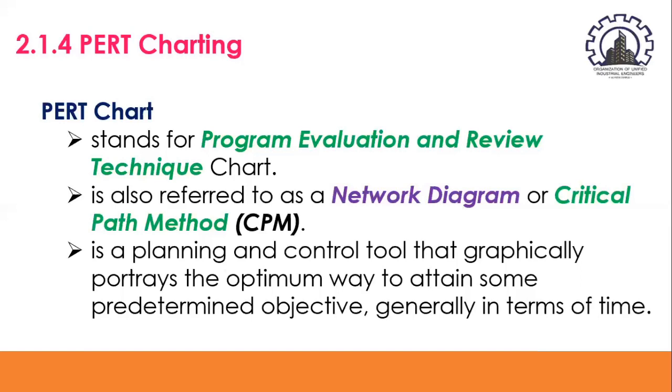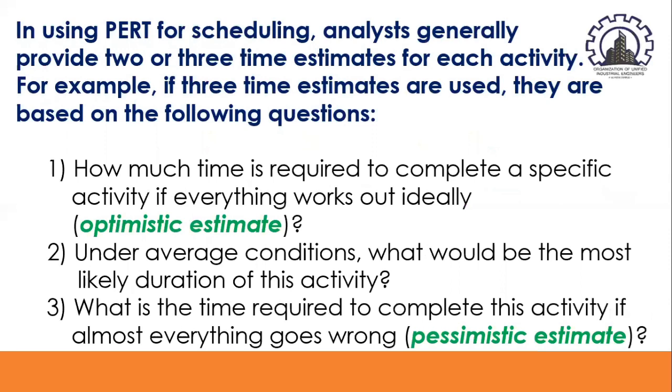Now, in using PERT for scheduling, take note that analysts generally provide 2 or 3 time estimates for each activity. For example, if 3 time estimates are used, they are based on the following questions. First, how much time is required to complete a specific activity if everything works out ideally? Now, this refers to the optimistic estimate.